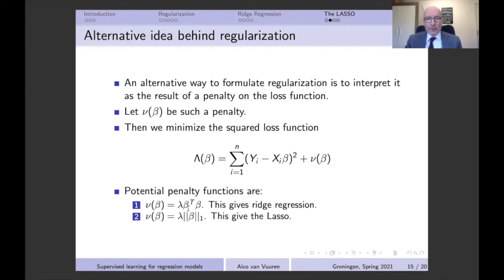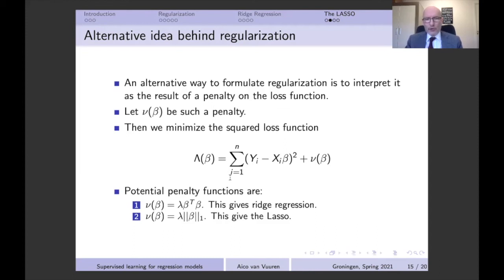If we instead choose for this nu beta the L1 norm, then at that moment we are going to have the lasso, with exactly the results that we have with respect to the lasso. So therefore, we can say that both ridge regression and the lasso are special cases of this minimization problem. Of course, we could also have used other kinds of penalty functions, and then we get other kinds of regularization algorithms.